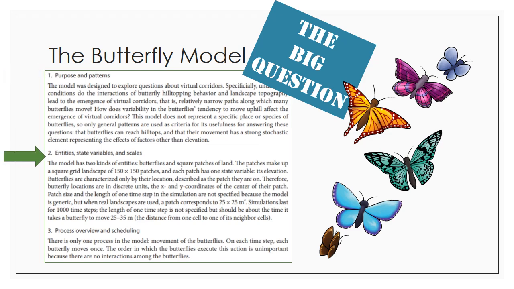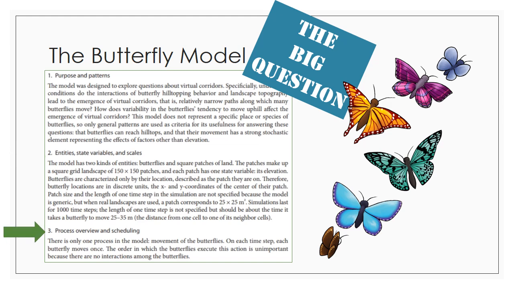The entities, state variables, and scales section then talks about how the big question is going to be modeled and with what entities, with what state variables, and on what scales. Here, the model has two kinds of entities, the butterflies and the square patches of land. These are their sizes. Here is how the time steps are set up, and here is how the entities move and change.